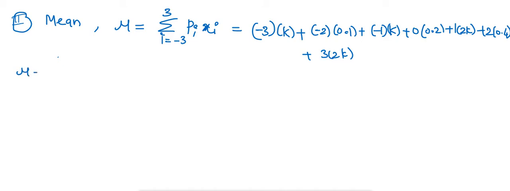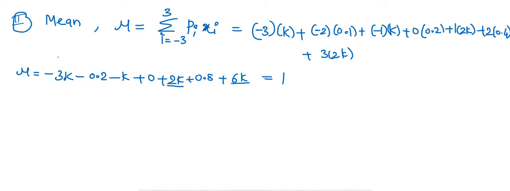Then mu equal to minus 3k minus 0.2 minus k plus 0 plus 2k plus 0.8 plus 6k. Here 2k plus 6k is 8k, 8k minus 4k is 4k. And here minus 0.2 plus 0.8 is plus 0.6.